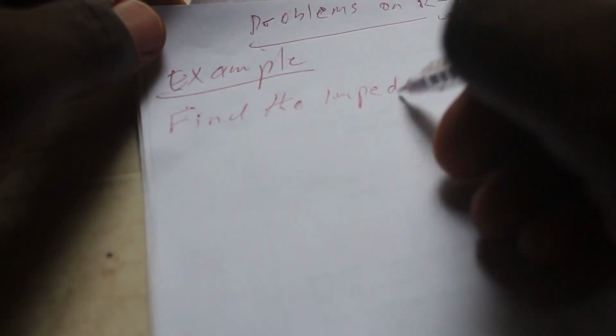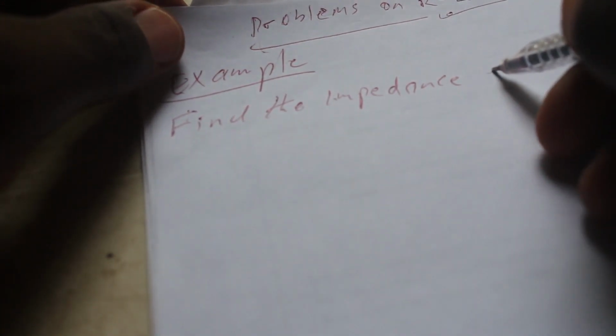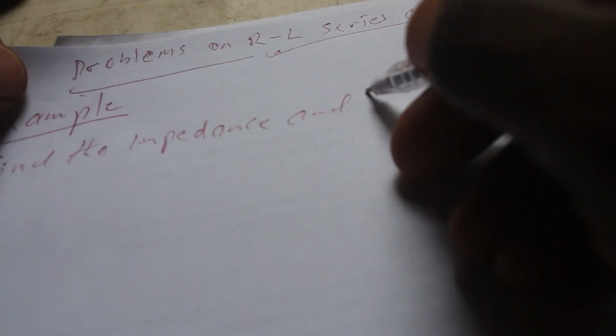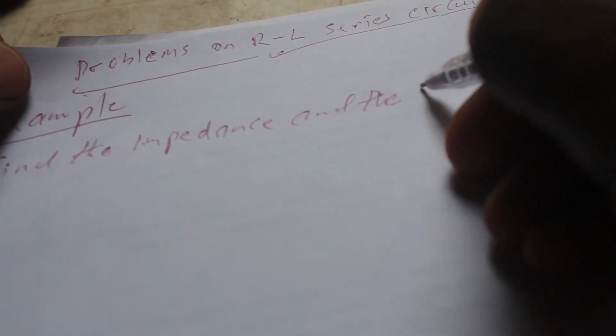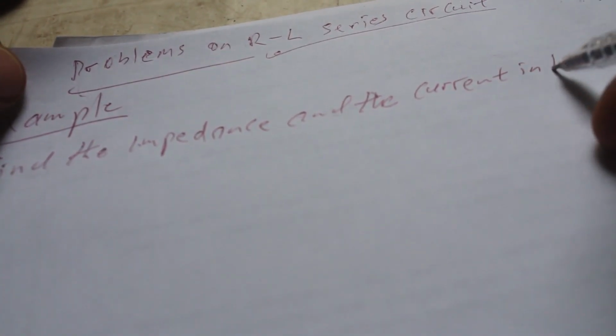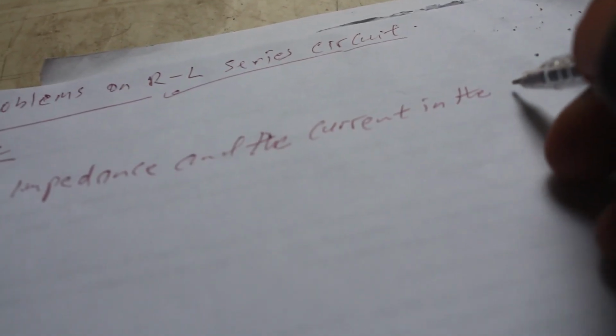Find the impedance and the current in the circuit below.